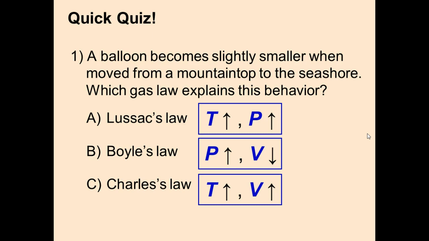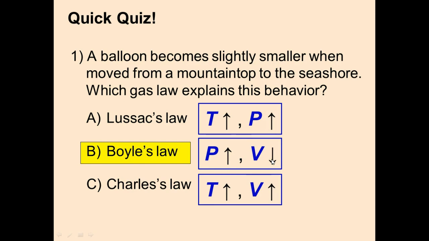So if the pressure increased, only one of them has pressure increasing and volume decreasing, so the correct answer is B. And just remember, if there's more pressure pushing down on that balloon, it's going to be smaller, because if you're squishing a squishy ball, the more force you apply to it, the less volume it's going to take up.